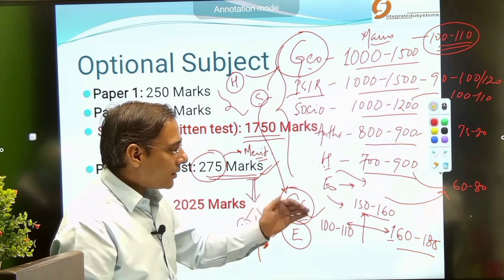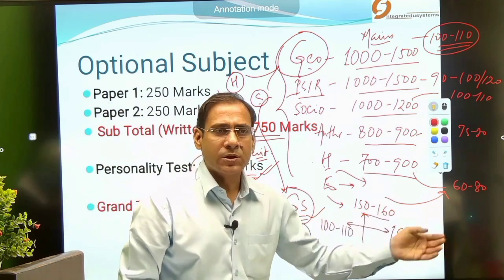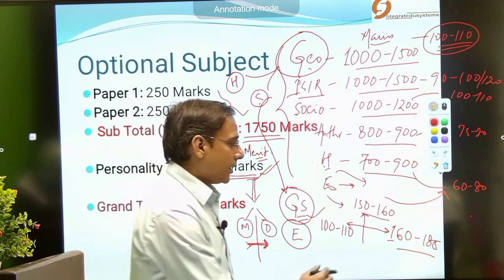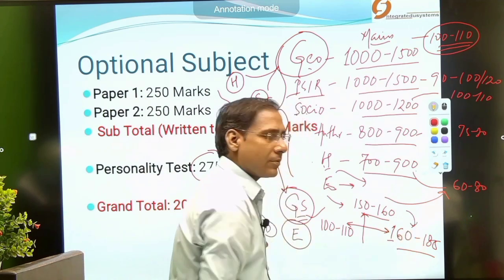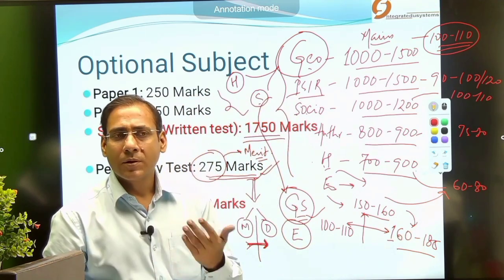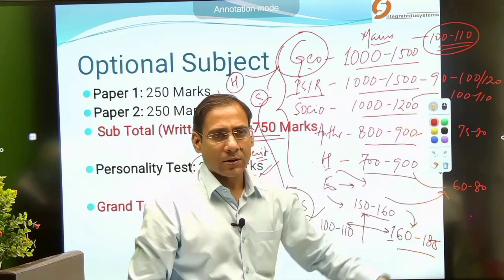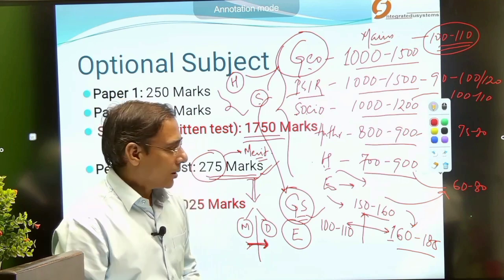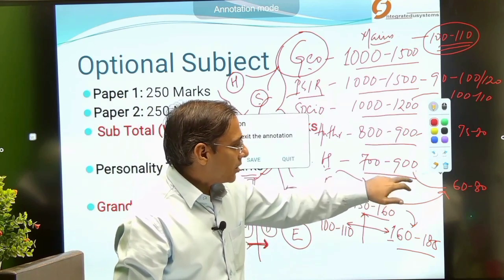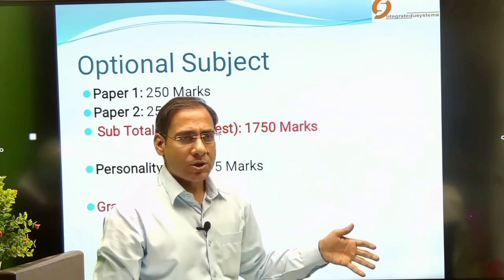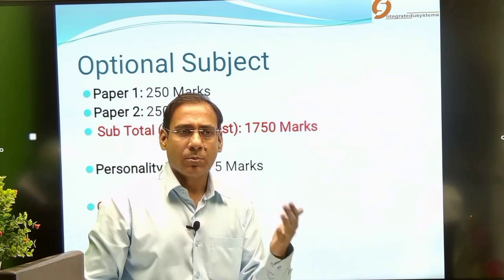If a candidate is able to achieve more than 160 marks in the interview, definitely there is an 80% or more than 80% chance that he will be in the final list. Okay, so these are the stages of the examination, and every stage of the examination, as I have discussed, has different demands.